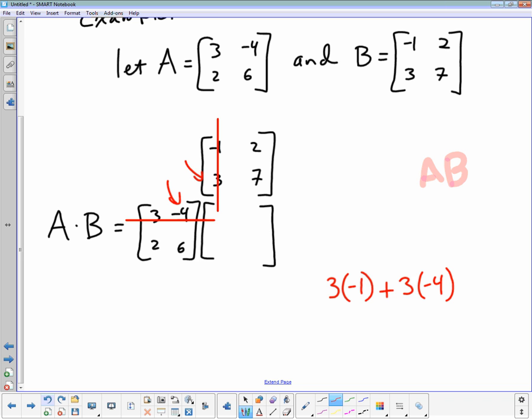That's how it goes. It's kind of like zooming in on your target, stepping in towards it. So I get -3 plus -12, which gives me -15. That's what's going to go right here.